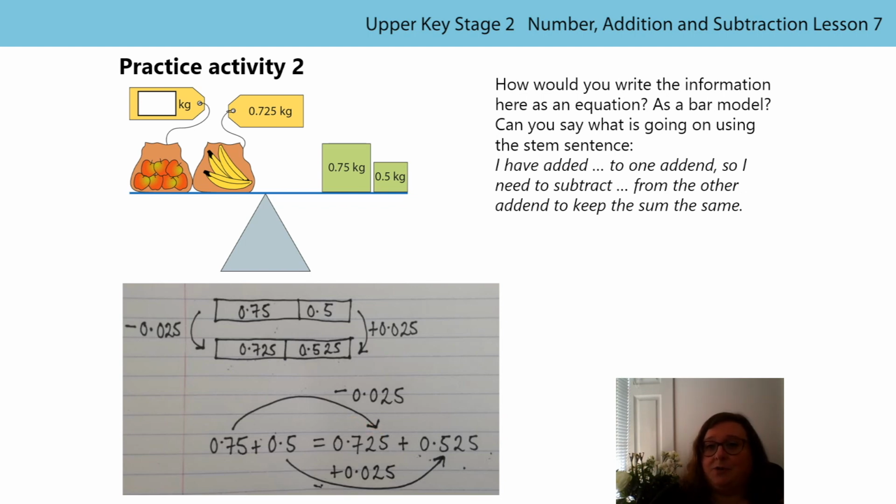So let's just double check. I can use the stem sentence to explain that. I have added 0.025 to one addend, so I need to subtract 0.025 from the other addend to keep the sum the same. Your representation might be slightly different to mine, but hopefully you found the same missing number that I did.